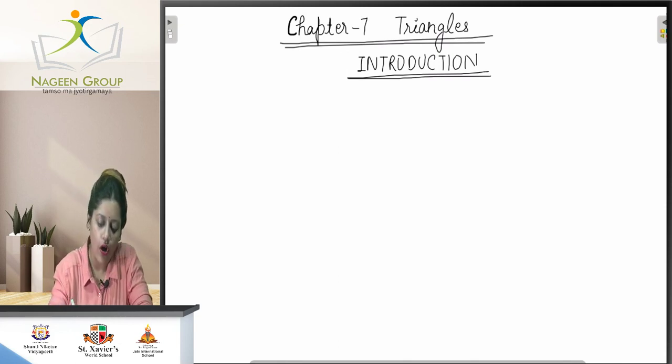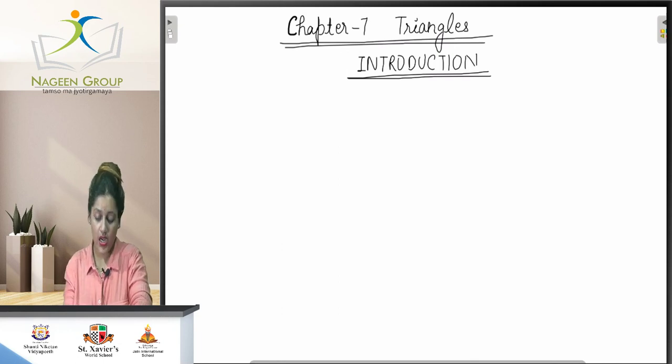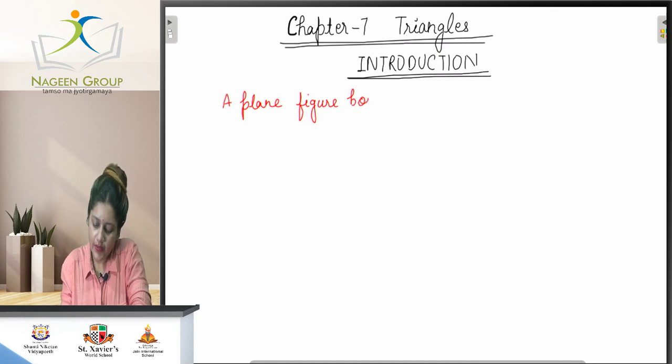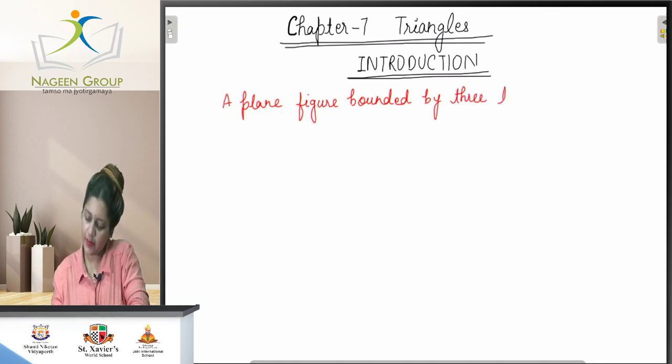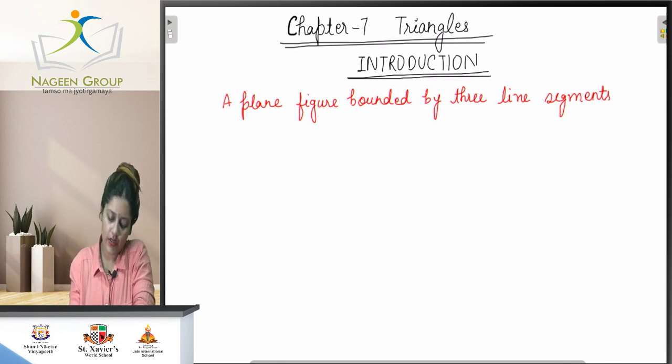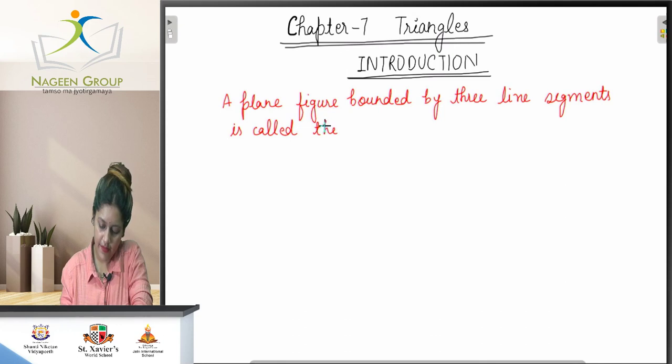The definition of a triangle is that a plane figure bounded by three line segments is called a triangle.